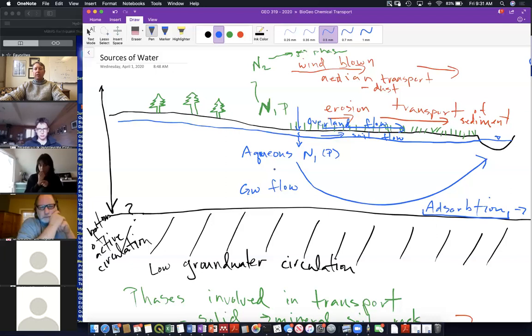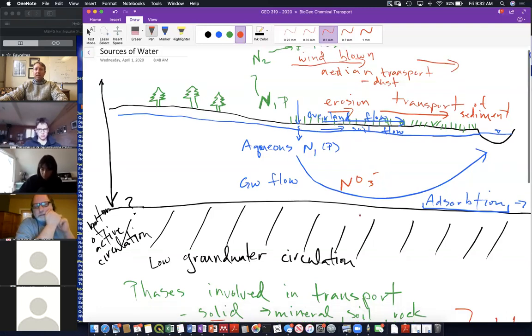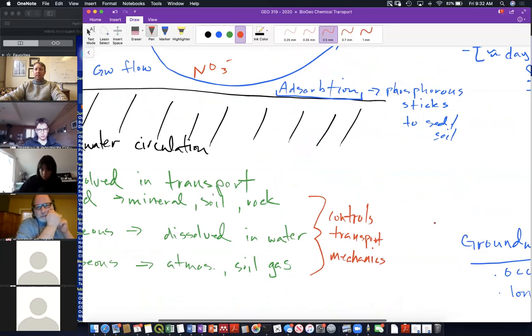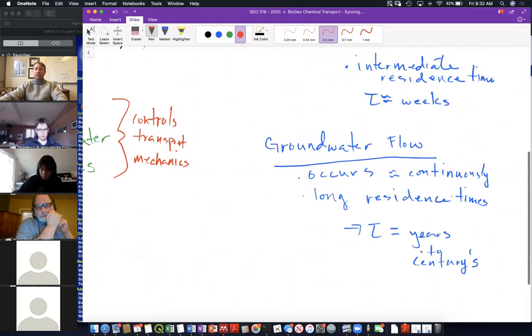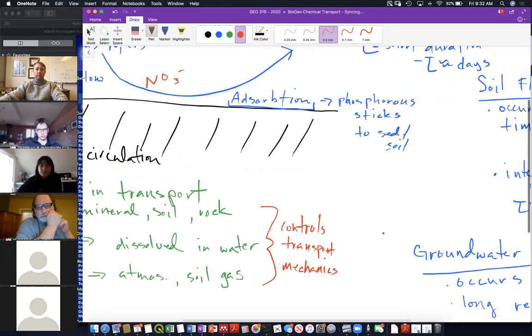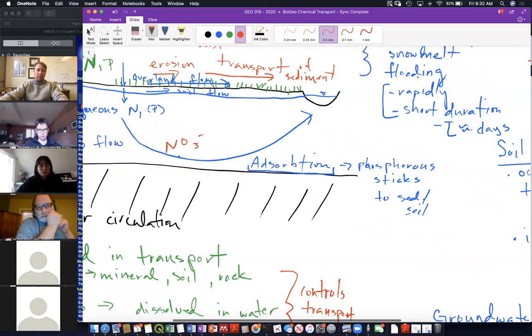So this is an important point about the groundwater component here, and one that is just now starting to get some attention. If I add nitrates into these big groundwater flow systems, it could take 100 years for that nitrate to show up from groundwater transport in my stream.